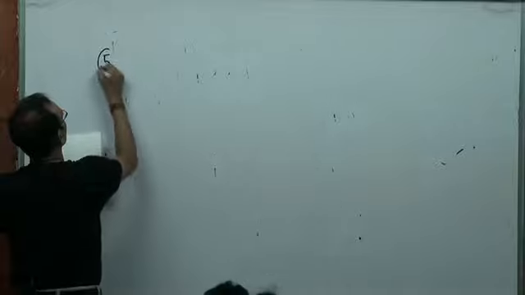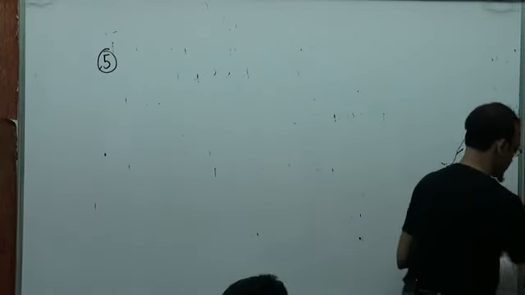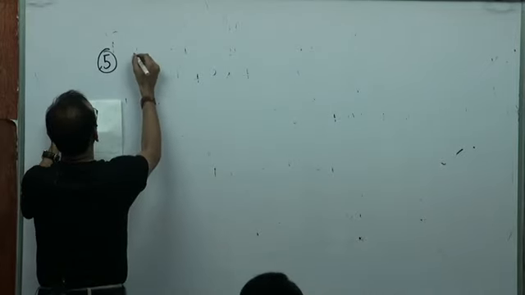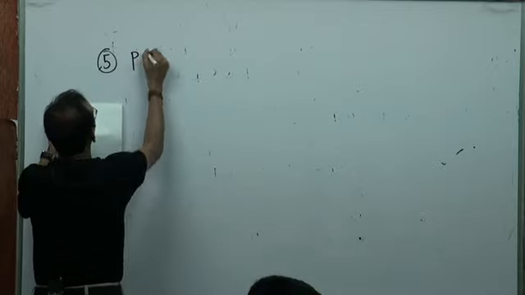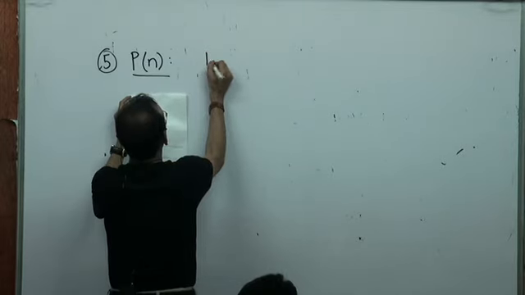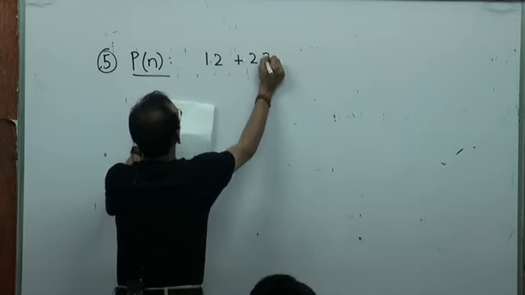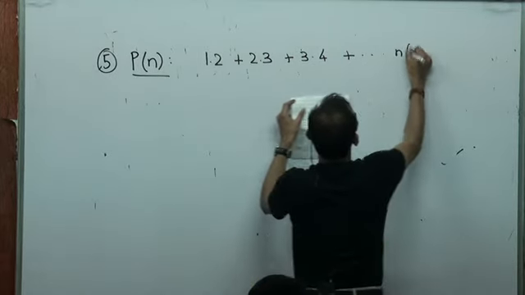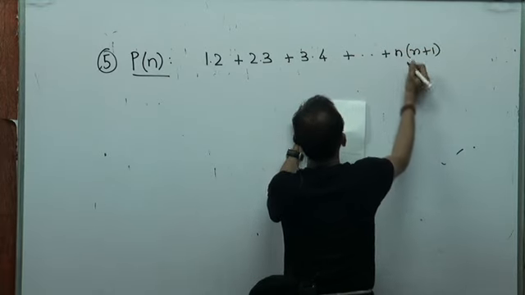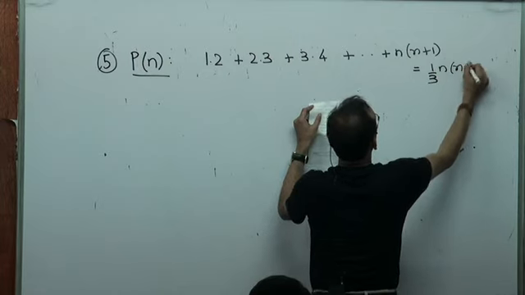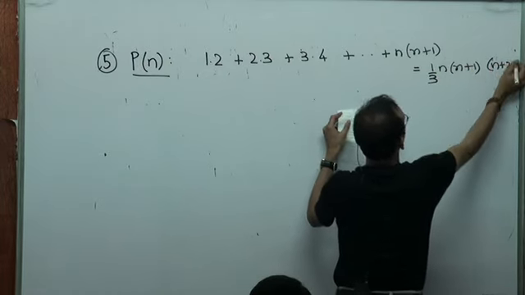Let's look at the fifth one. The fifth problem is about a statement Pn which says 1 into 2 plus 2 into 3 plus 3 into 4 plus ... n into n plus 1 is 1/3 n into n plus 1 into n plus 2.